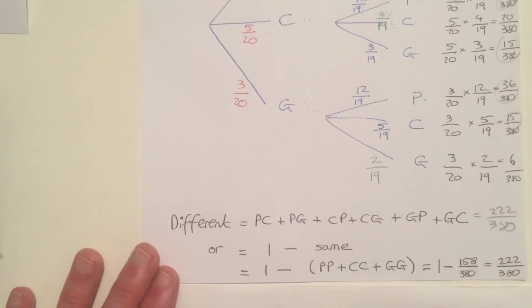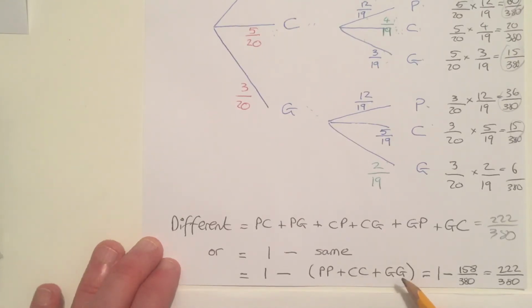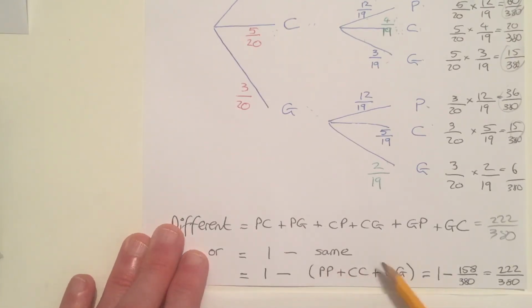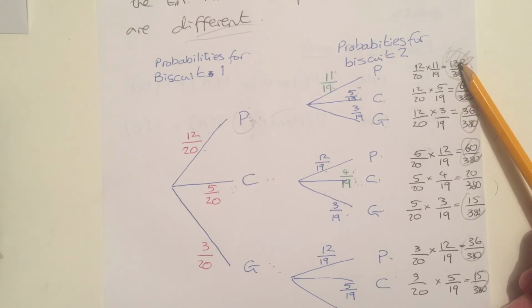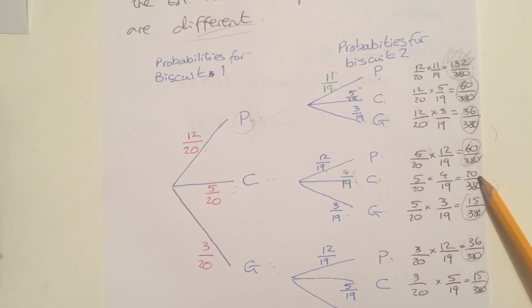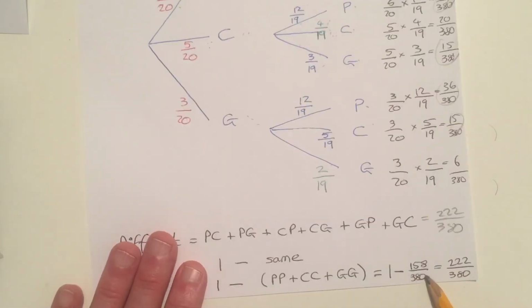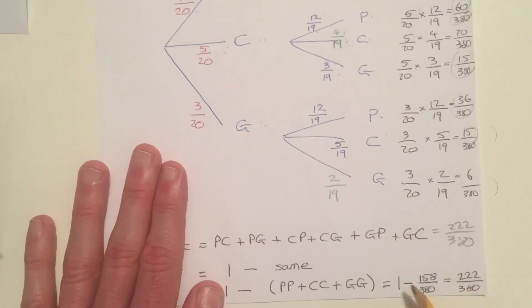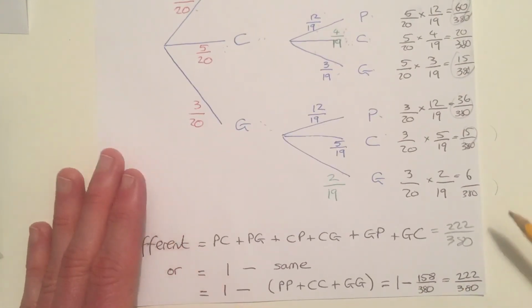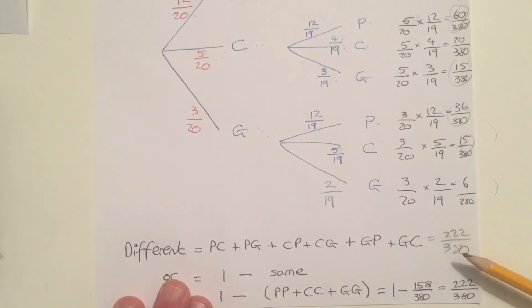The probability that they're the same would be plain and plain, chocolate and chocolate, and ginger and ginger. So if I add those together, I get 158 out of 380. And then if I do 1 take away this, you can see I get the same answer. So you can do it either method.